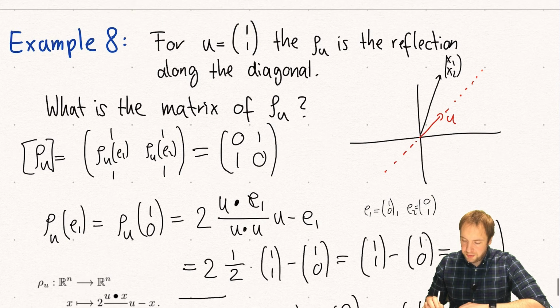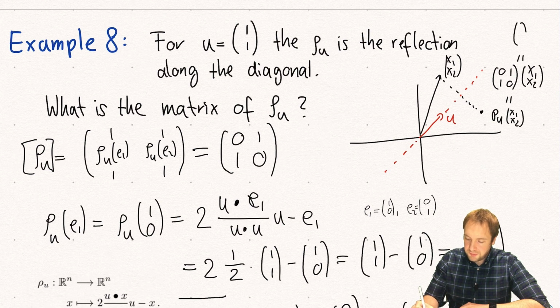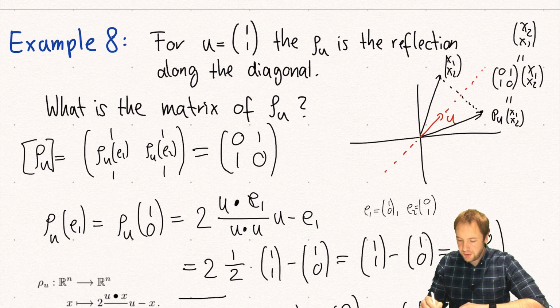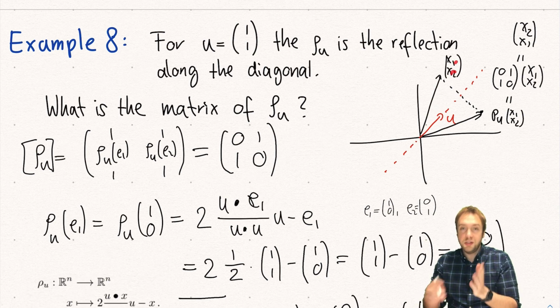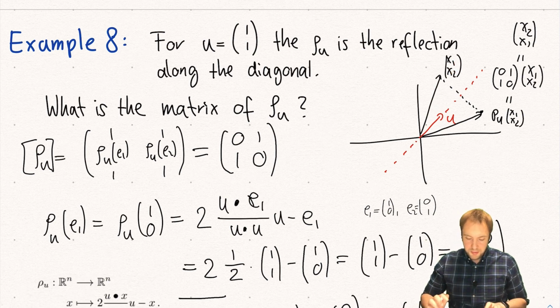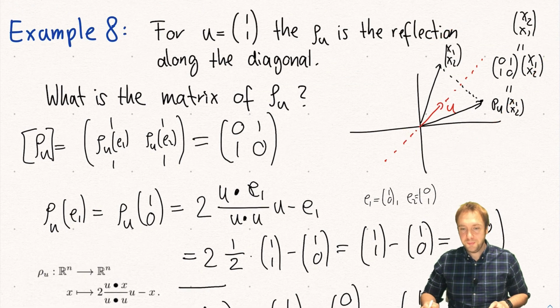Therefore, this map rho u of x1, x2 is exactly given by multiplying with this matrix, which is clear because this is just changing x2 and x1, which you can see in the picture here. So taking the reflection along the diagonal just means I want to interchange x1 and x2. But also this calculation shows exactly this.